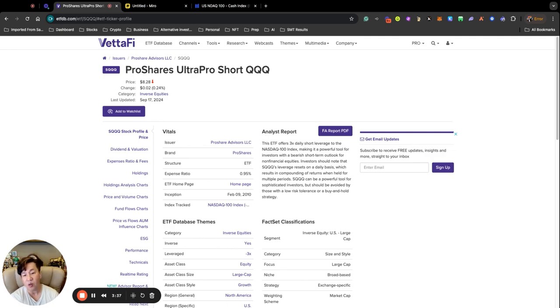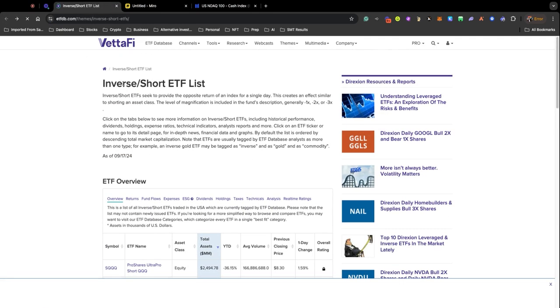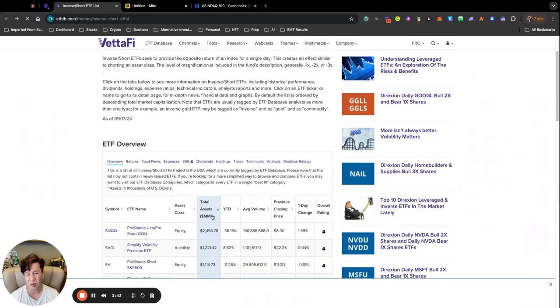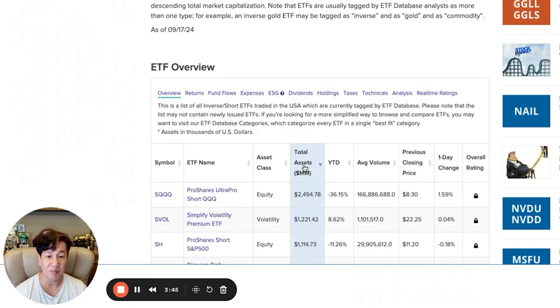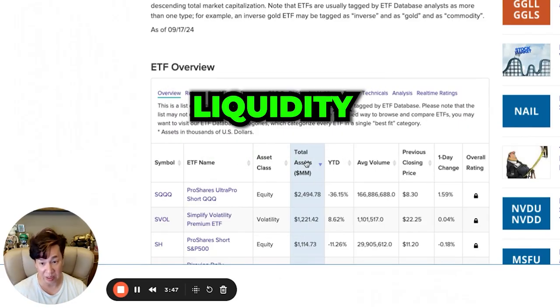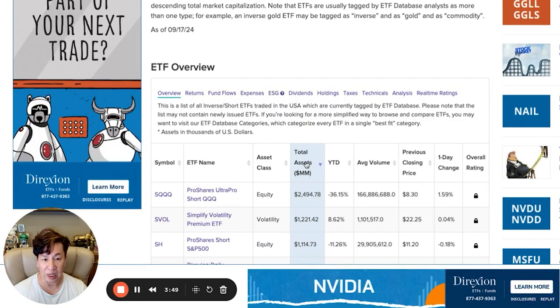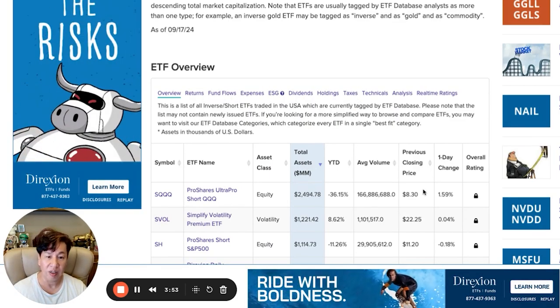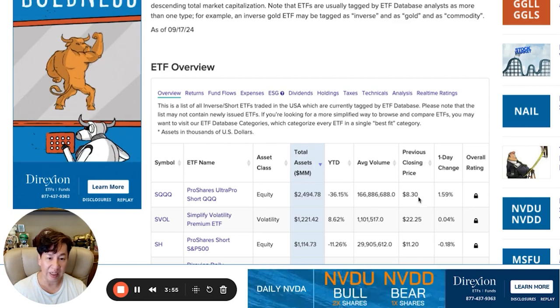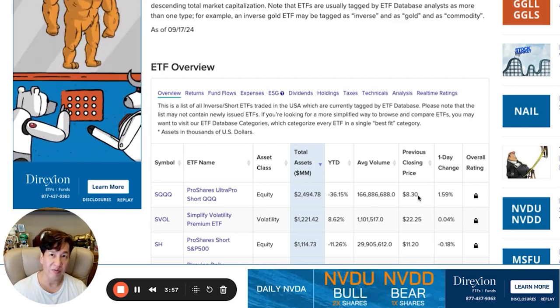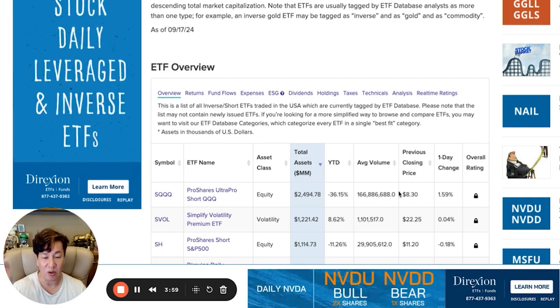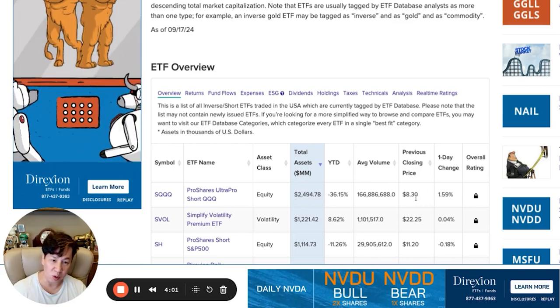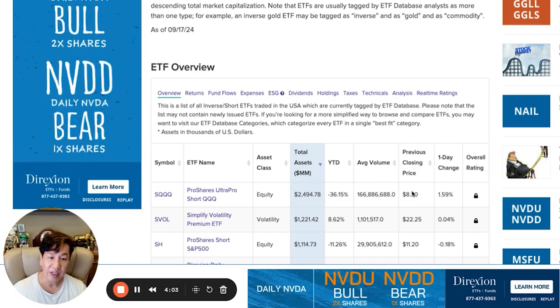How I will select, when I go into a short ETF, I will look for the one that has the biggest market cap because I need liquidity to get in and out. Right now it's selling at $8.30, and if Nasdaq goes down, then this will go up in value. So that is for inverse ETF.